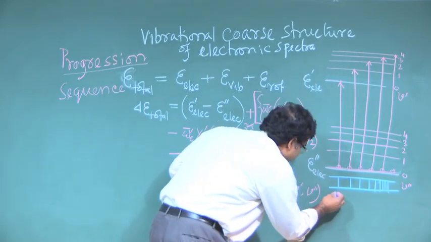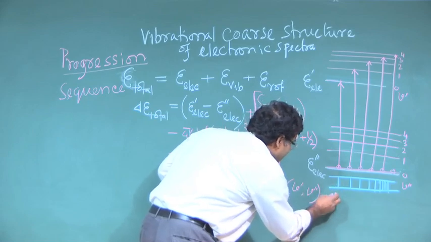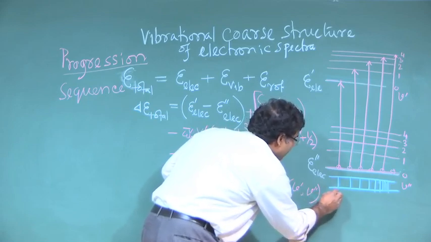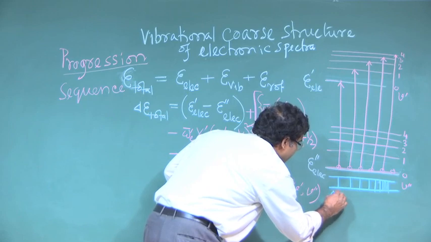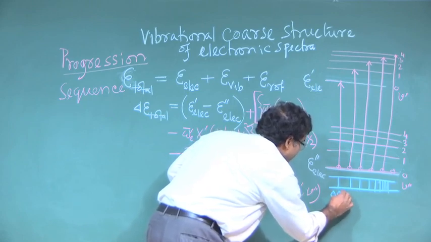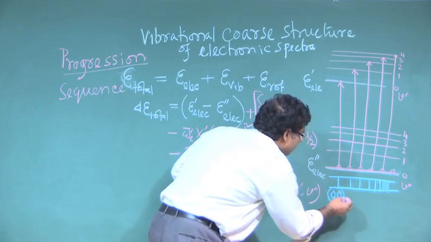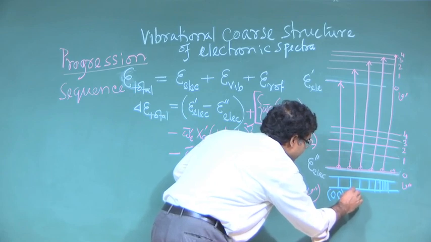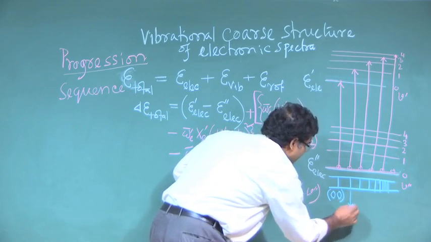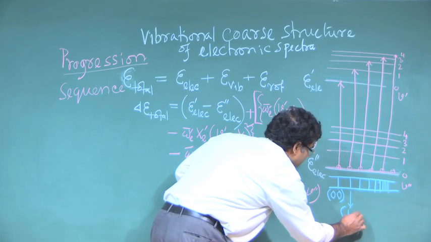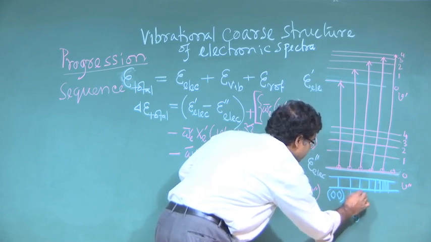Then this will be labeled 0 0. This will be labeled 1 0. This is 2 0.